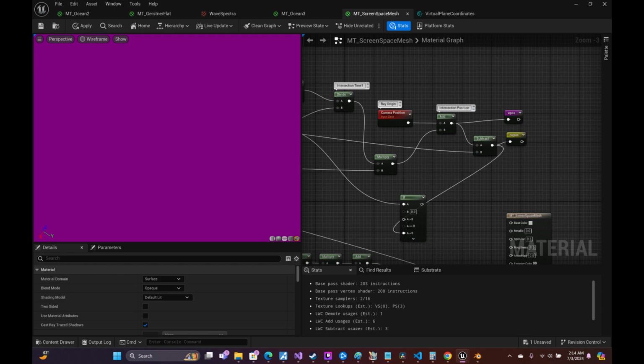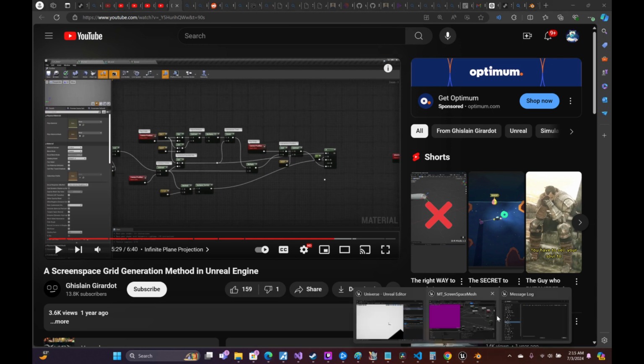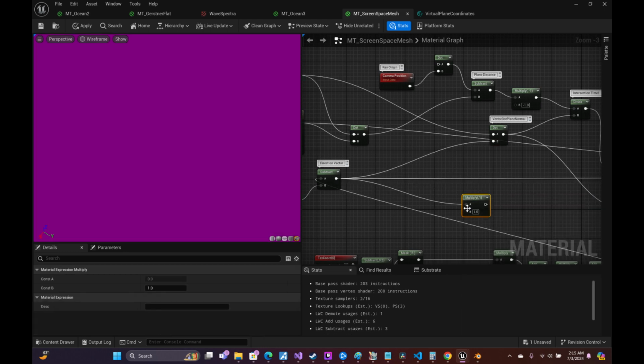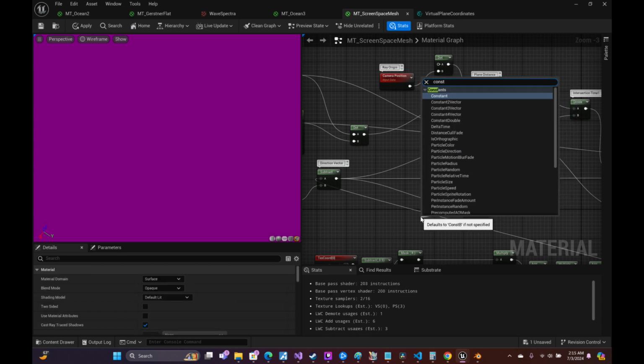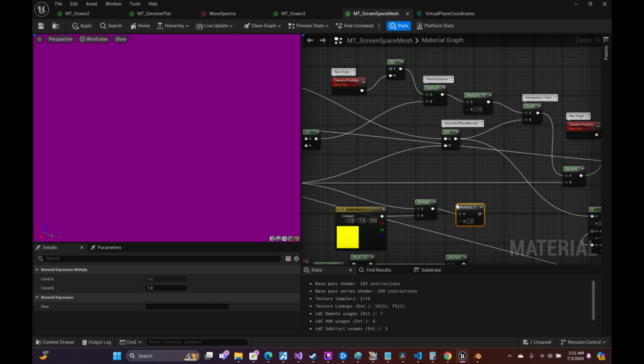Yes, so this greater than, we multiply the subtract node right here that goes into the dot, multiply by 110 and then multiply by a lot. 110 and then times a really big number.